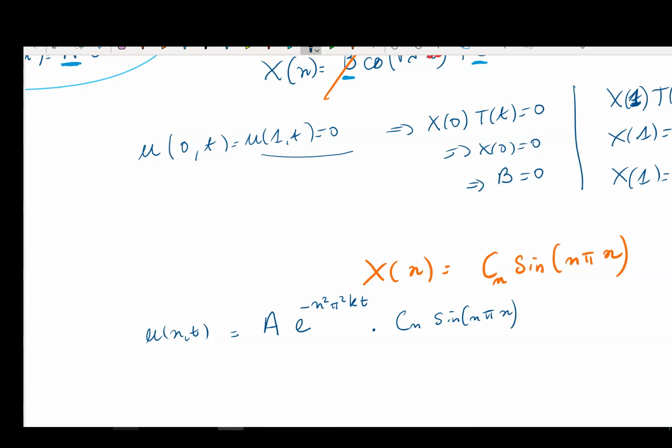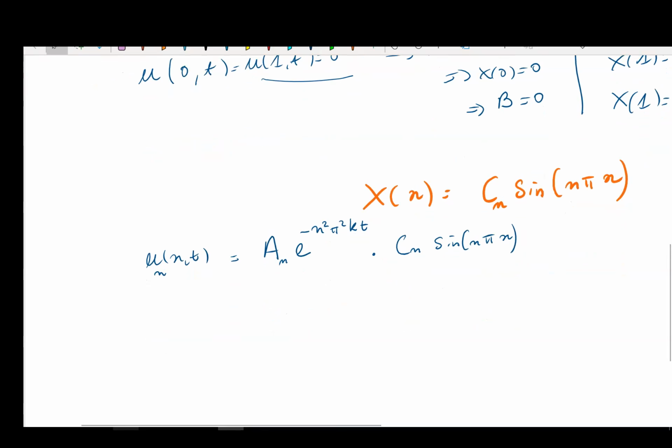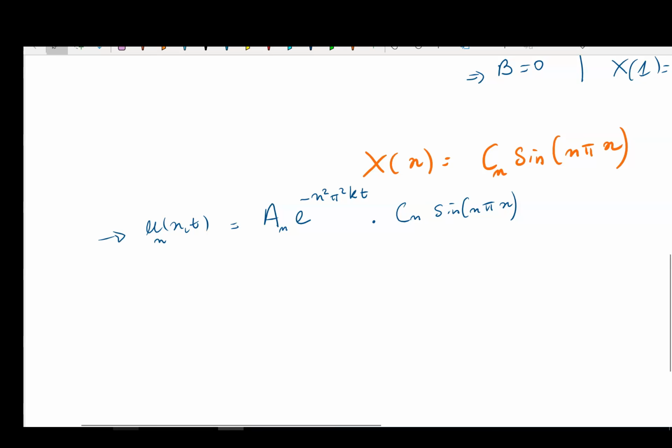Let's also say that u corresponds to some specific n. The thing is that if you remember, one very important thing about linearity is that I can add any solution and it's still going to be a solution because my equation is linear. So if I've got a solution for some n, I can also have a solution for another n, and I can still sum them. And why stop there when I can do an infinite sum?